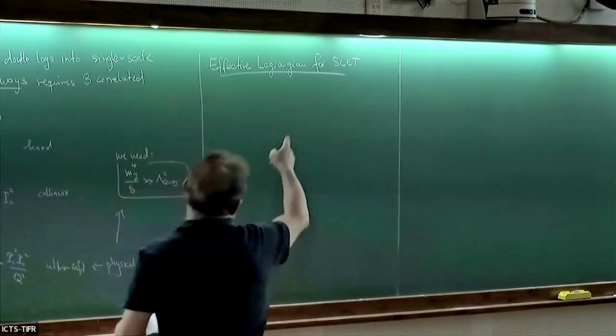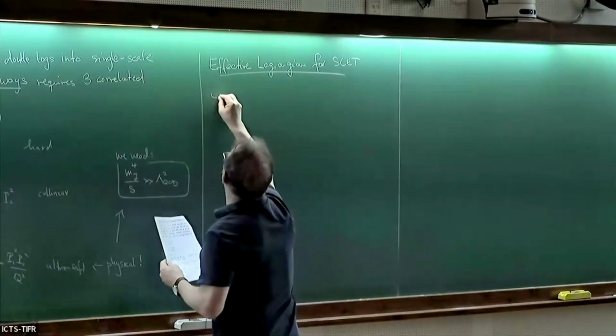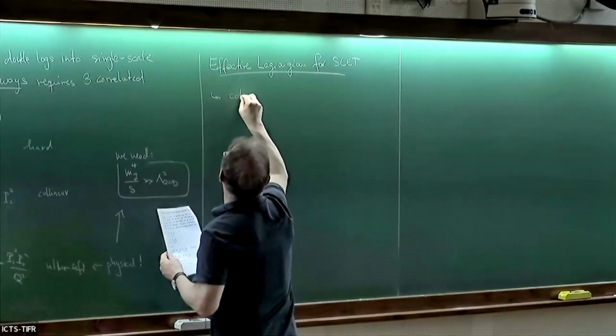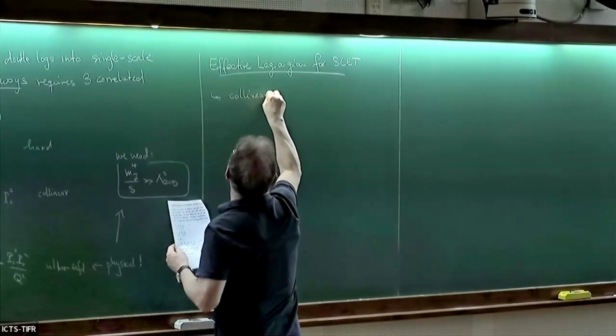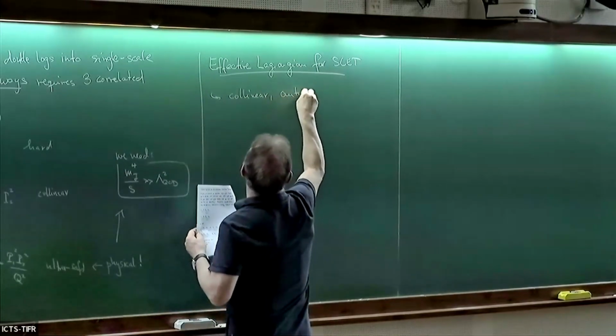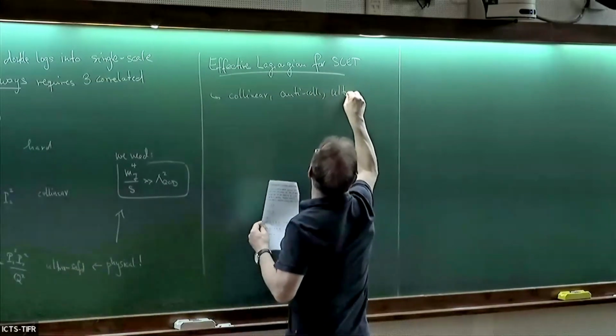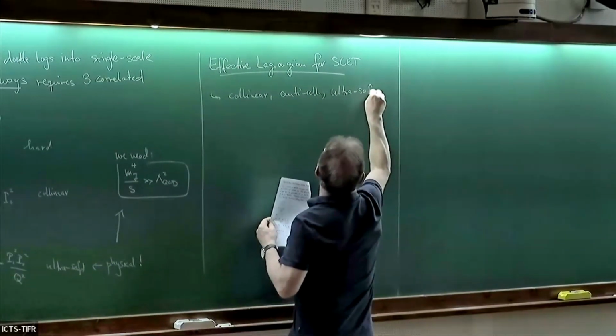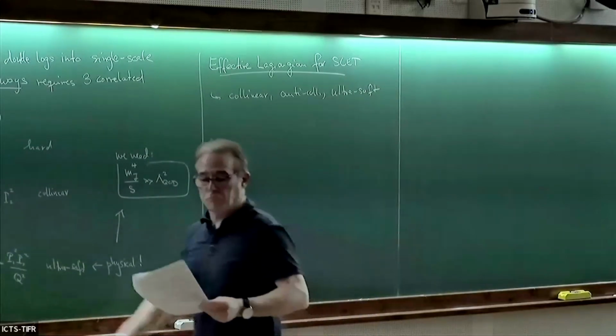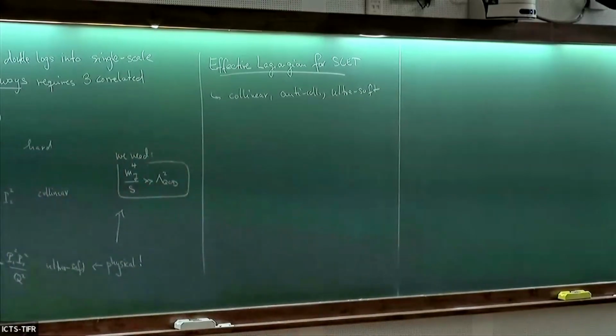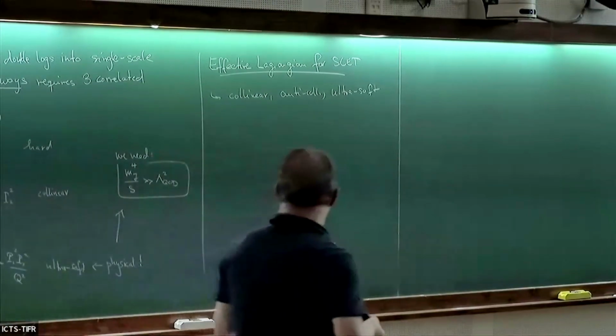So basically what I want to do here, I want to have an effective theory containing collinear fields, anti-collinear fields, and ultra-soft fields. Now, which fields? Well, quarks, gluons, in principle, ghost fields. We're not going to write down the ghost fields, but remember they are there, of course, when you quantize non-abelian gauge theories.